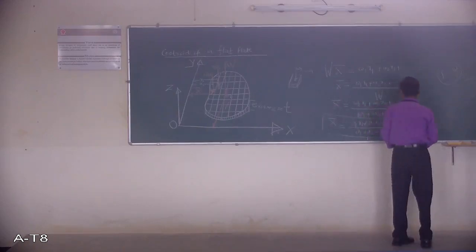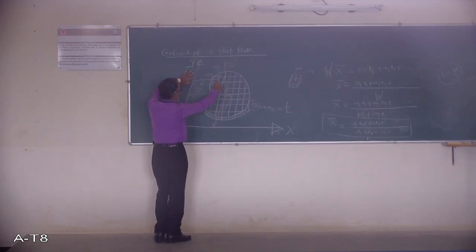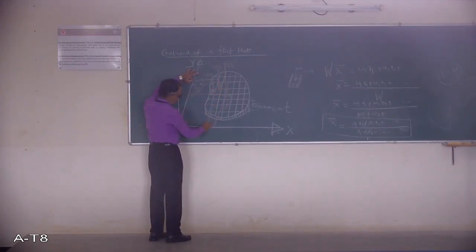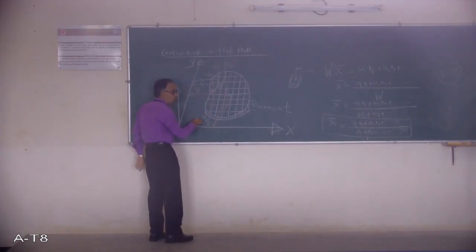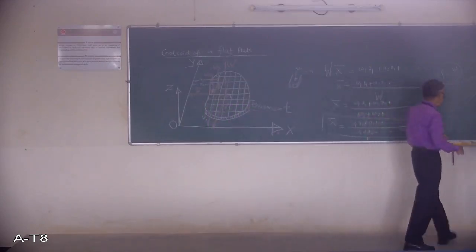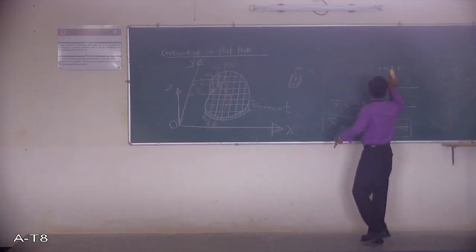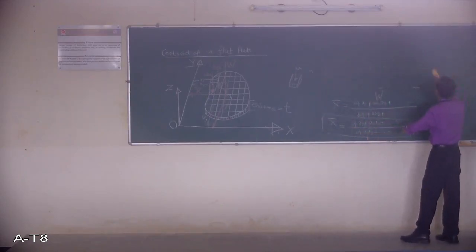Same way, I write W1, the distance x1. Similarly, parallel to the y-axis, this is y1, and similarly this is y2. Same thing, I write an equation for y bar. On the same basis, I get the equation for y bar.